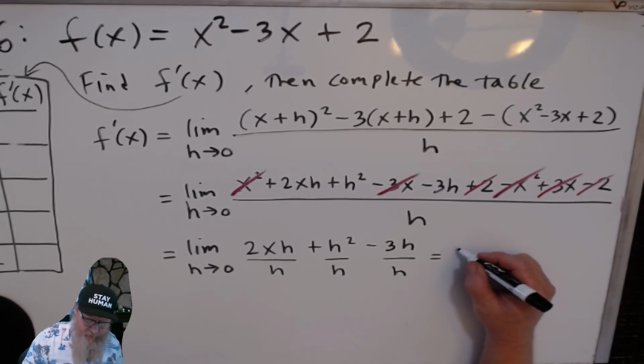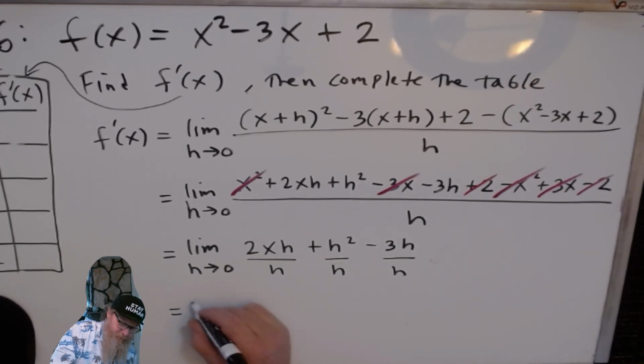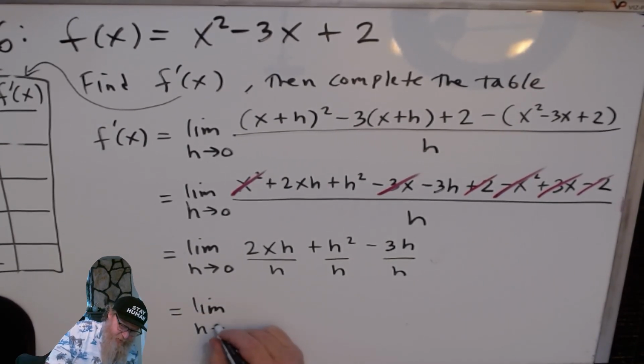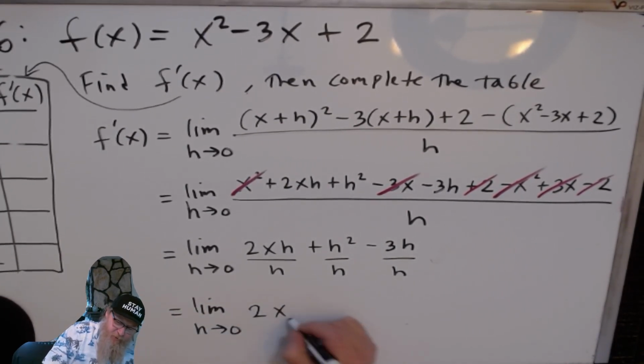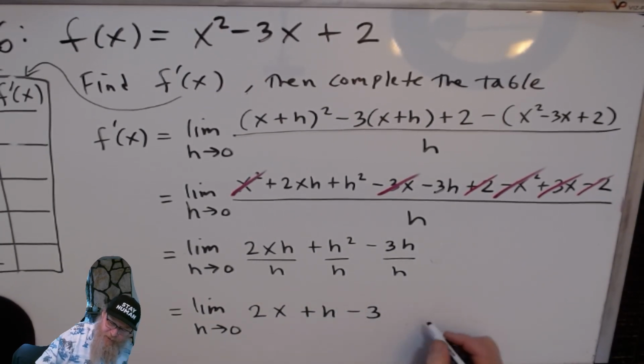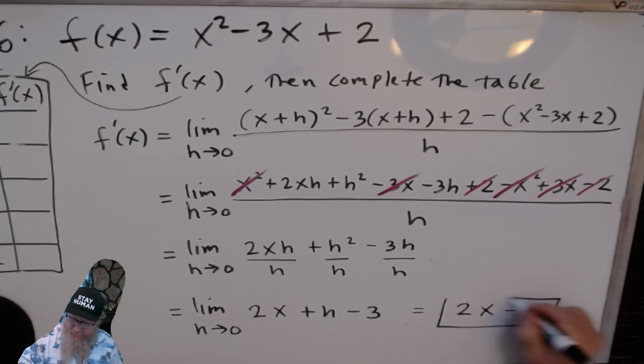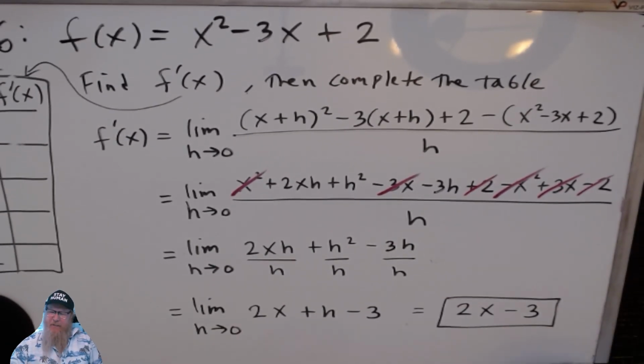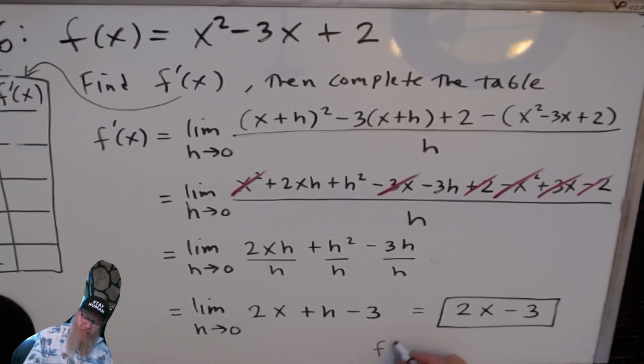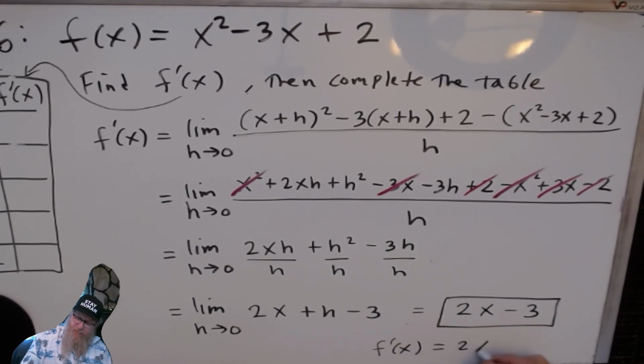So you have the limit as h goes to 0 of 2x plus h minus 3, which is 2x minus 3. So this is your f prime. All right, f prime of x is 2x minus 3.